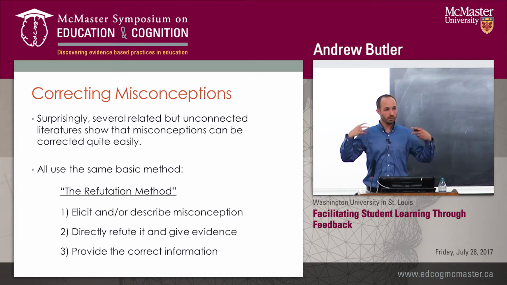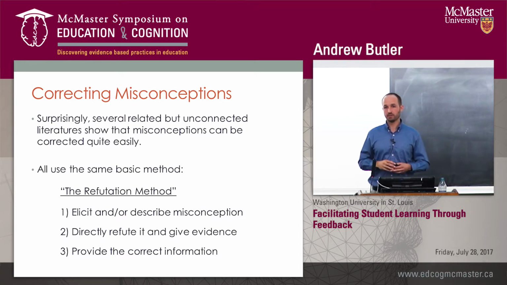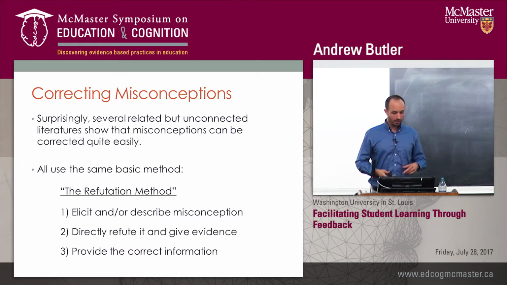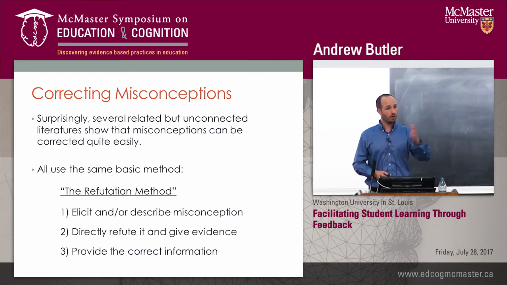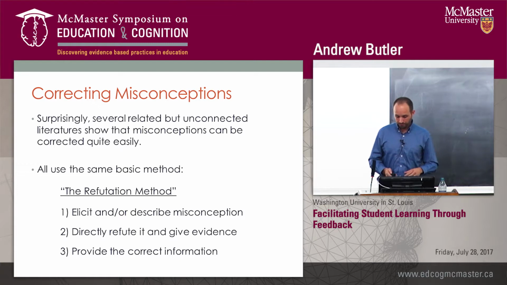You get the person to manifest the misconception, or you describe it, and then you directly refute it and provide evidence to back up that refutation, and provide the correct information to help them revise their knowledge and undergo this process of conceptual change. And what you see is this refutation method across lots of different domains works with all these different types of misconceptions about mental models, individual beliefs.